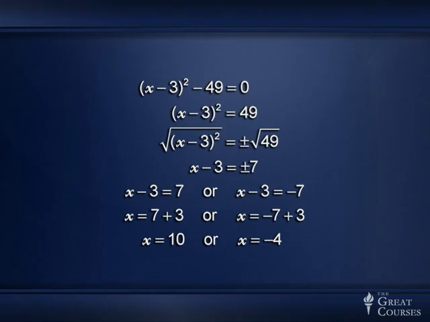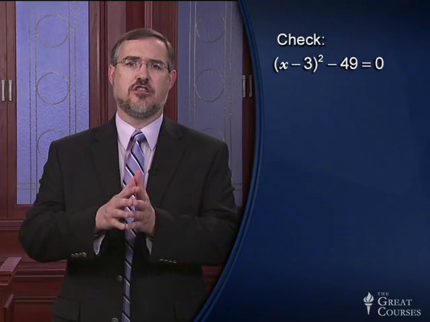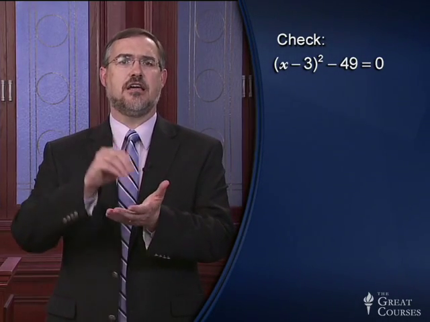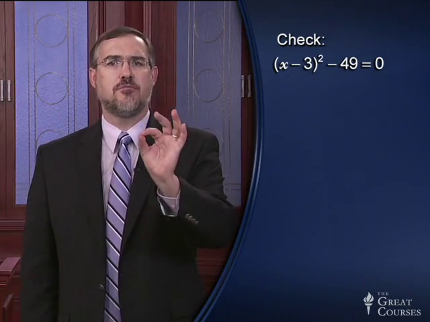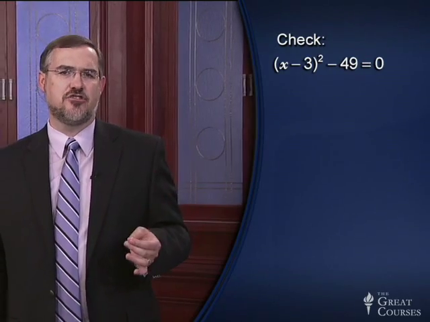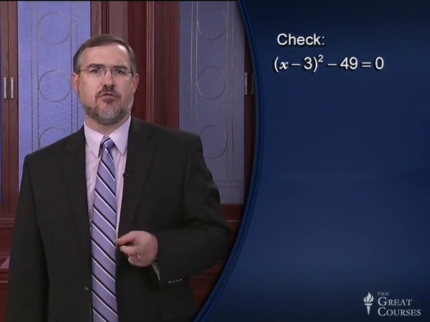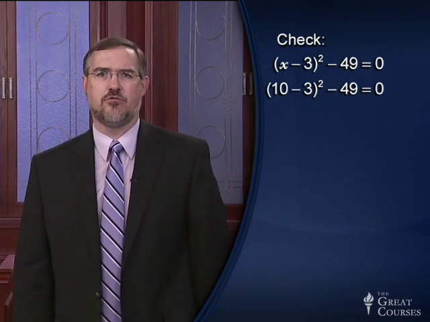Now, this is an example where the two solutions don't just look like the positive and negative of one another. So we should definitely check to make sure we did this problem correctly by plugging these two numbers into the original equation just to make sure they make the equation true. So here we go. Let's try plugging 10 into the original equation. (x minus 3) squared minus 49 equals 0 becomes (10 minus 3) squared minus 49 equals 0.